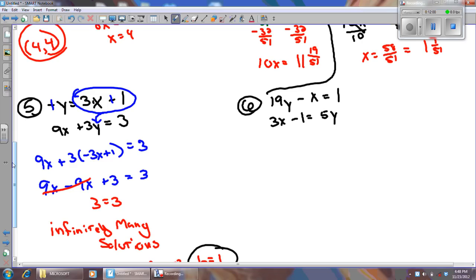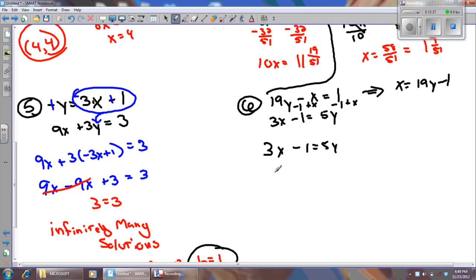All right, last one. Go ahead and decide how you would solve it. Here comes my solution. I think I'm going to go ahead and do substitution. I'm going to take that top equation. I'm going to add x to both sides. I'm also going to subtract 1 from both sides. So the top equation is going to become x equals 19y minus 1.